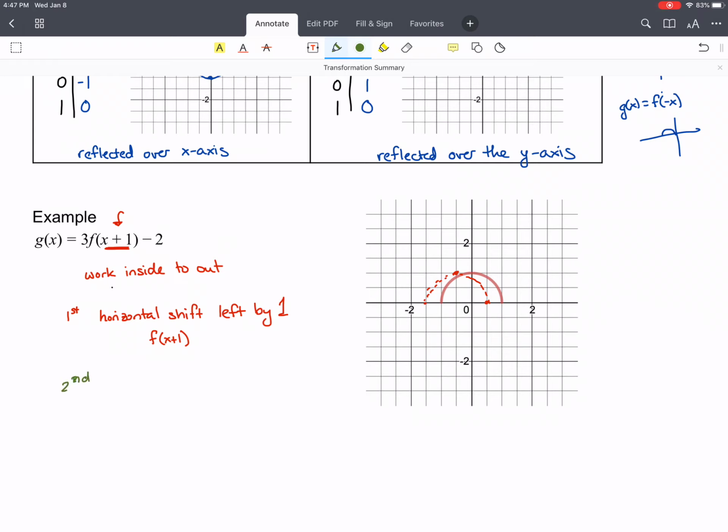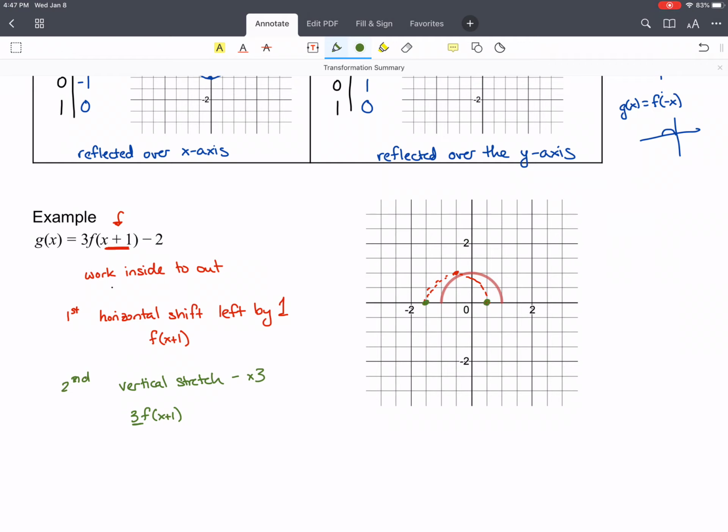Next, I have that 3 times f of x plus 1. So that's a dilation, and it's on the output, so that's a vertical stretch or dilation, and it triples those outputs. So I can then multiply all of my outputs by 3.